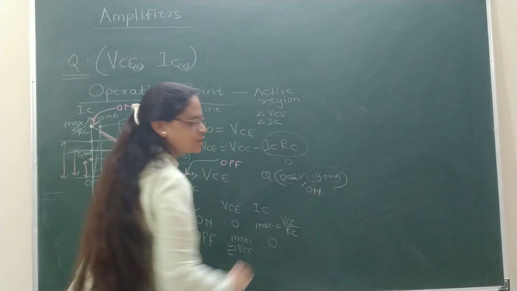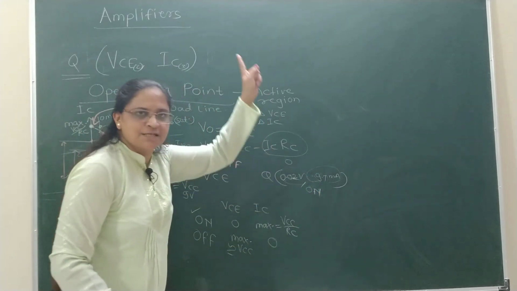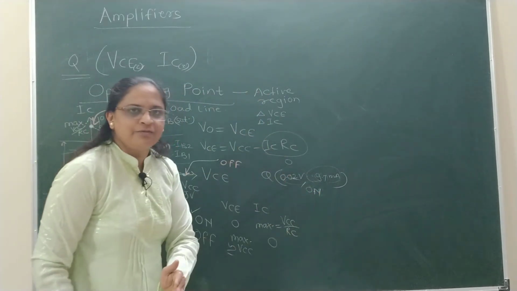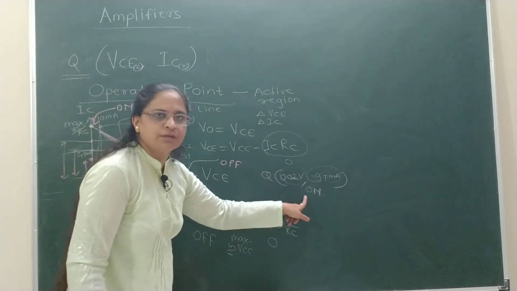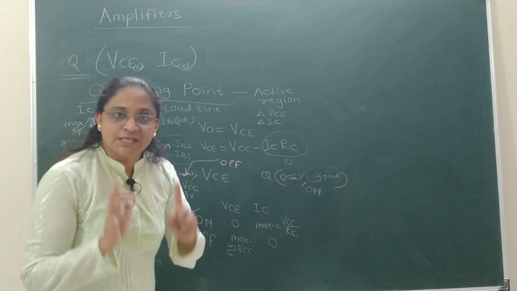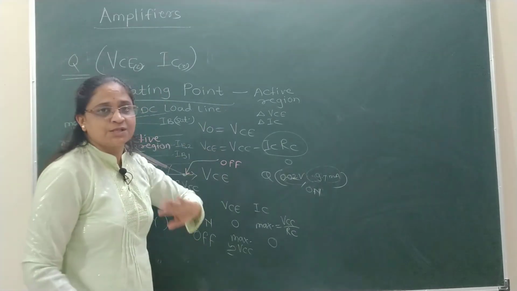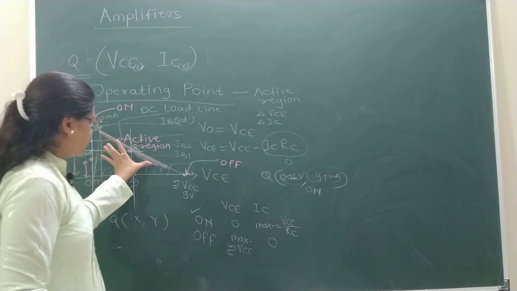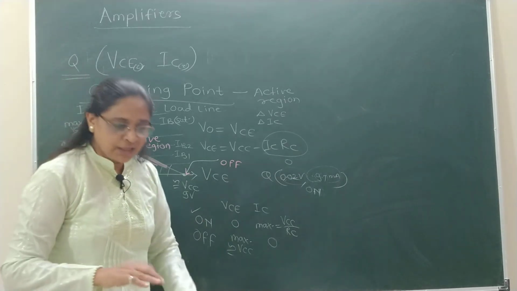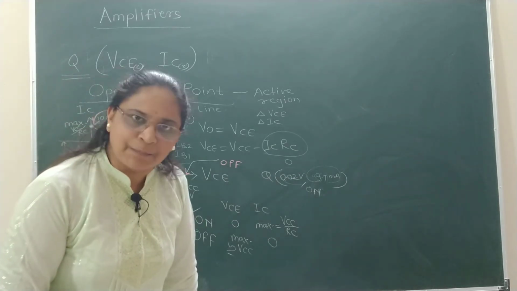So this shows the on status, meaning collector current has reached the maximum level and VCE has reduced to closer to 0 volt. So this shows the on condition. So it is essential that the Q point must not shift towards cutoff or towards saturation. It has to remain in the active region even though a signal is applied.